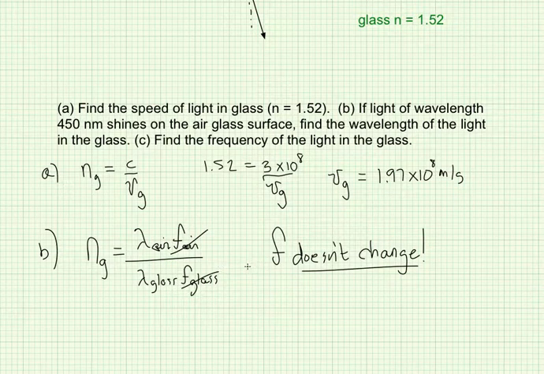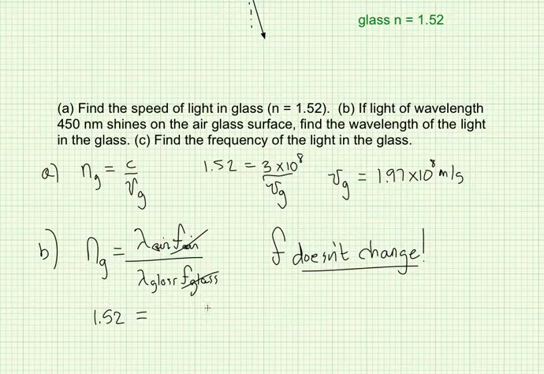Now, nanometers is the prefix 10 to the minus 9th. It's a very common prefix when we're dealing with wavelengths. So let's just find the wavelength of light in glass, but keep it in nanometers. The index of refraction was still 1.52.